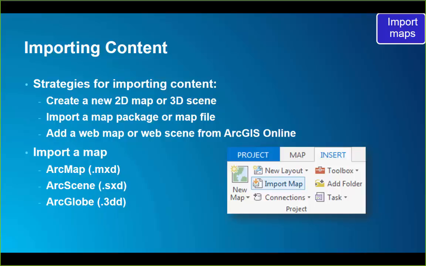You just point to the MXD, SXD, or 3DD file and select it, and then it'll start importing into the project. It's important to note at this point, though, that as soon as you import a map, you effectively make a copy of the map. So if you were to go back to the original map that's in ArcMap, for example, and make some changes to the map, and even if you save it, those changes won't be reflected in the ArcGIS Pro project. So it's just something to keep in mind.